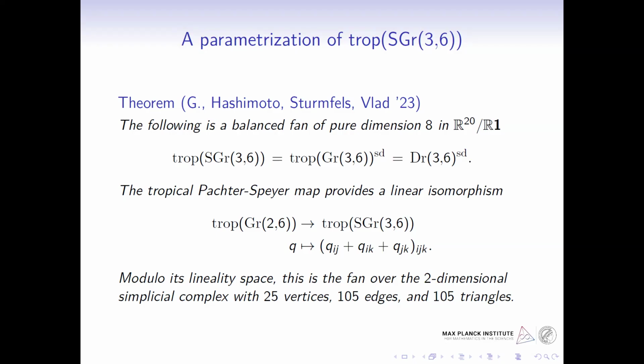And it has a very nice parametrization by the tropical Pachter-Speyer map from the tropical Grassmannian 2/6, which is the space of phylogenetic trees with 6 leaves, where each of these trees corresponds to one self-dual configuration in the tropical Grassmannian.